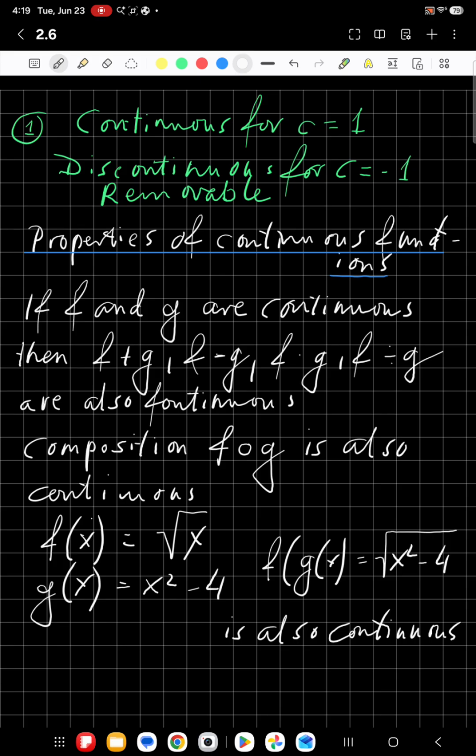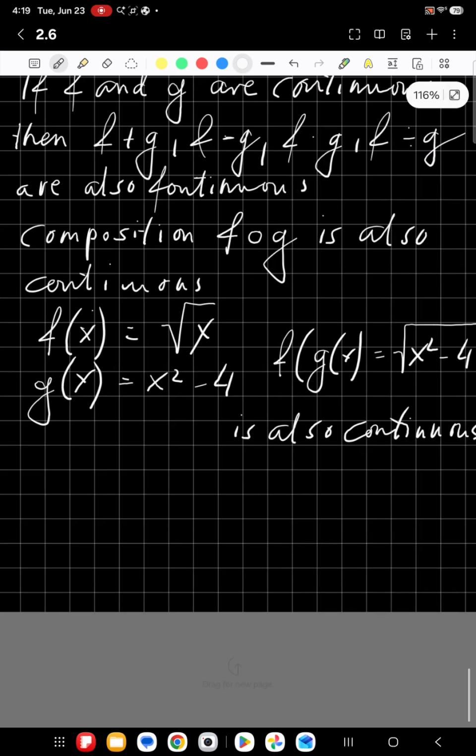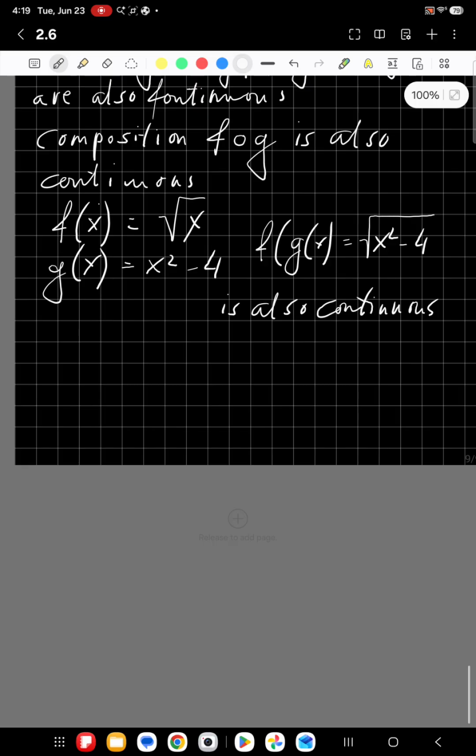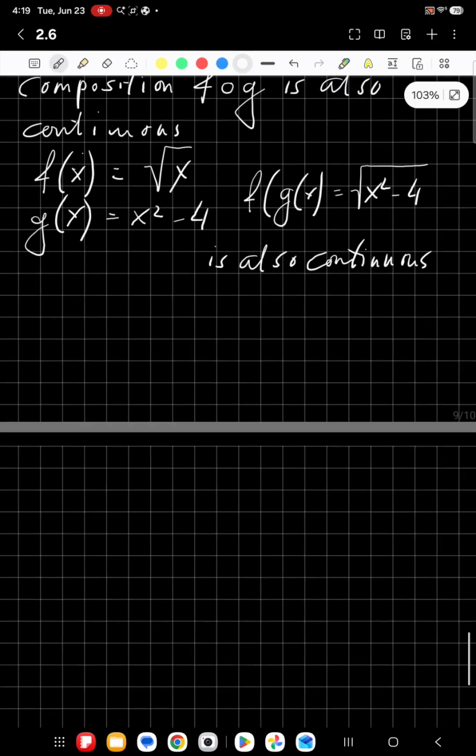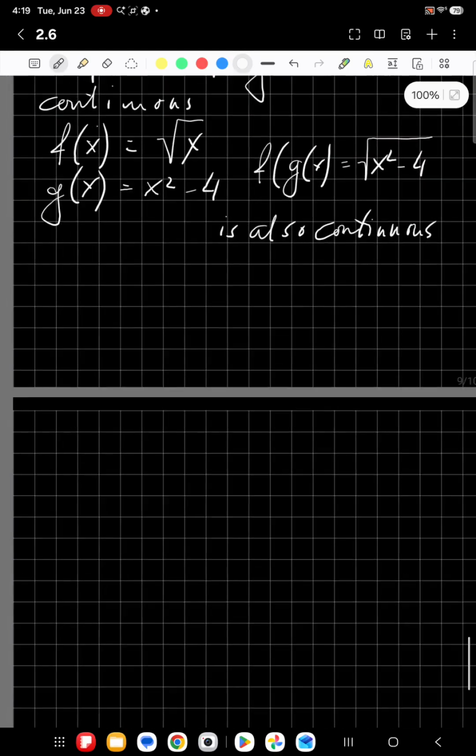A couple more examples, and then we'll do a couple other types of problems, and we'll be done with this section. Okay, so let's think about some better examples. This is example 6, I believe.